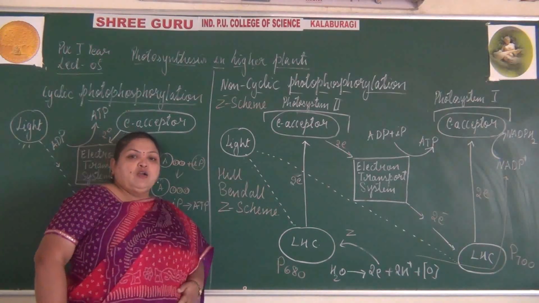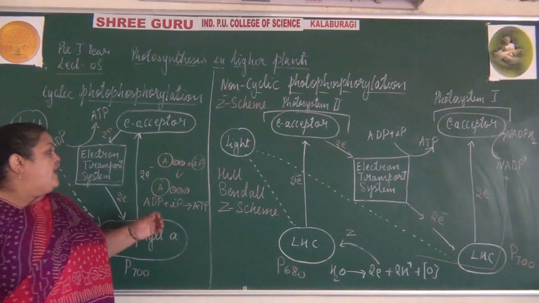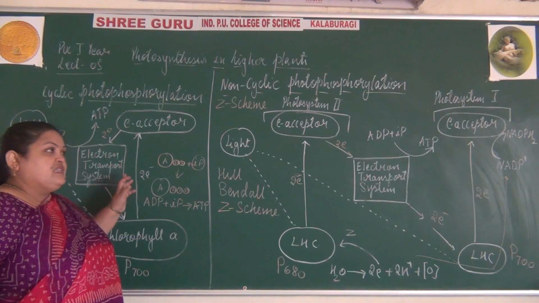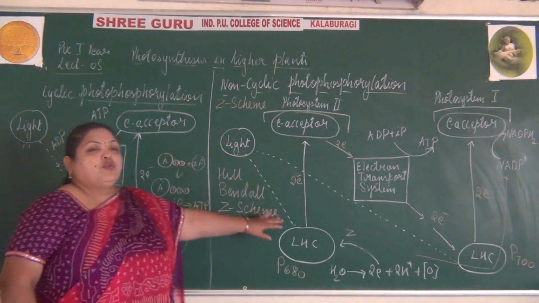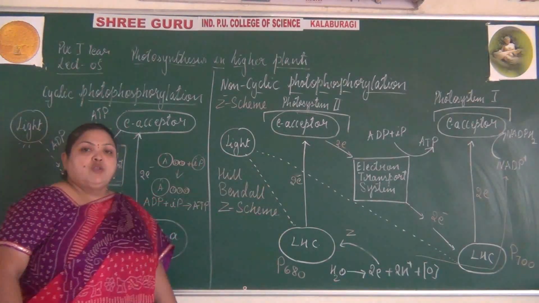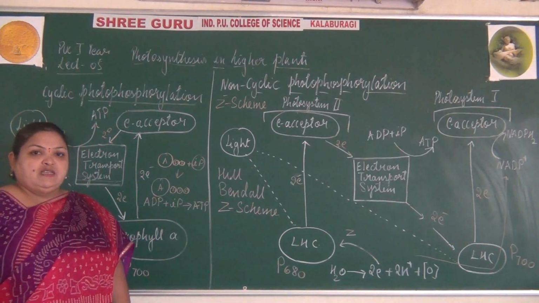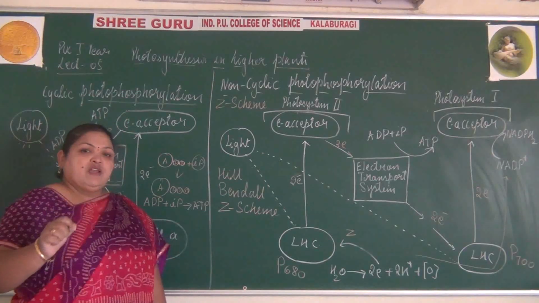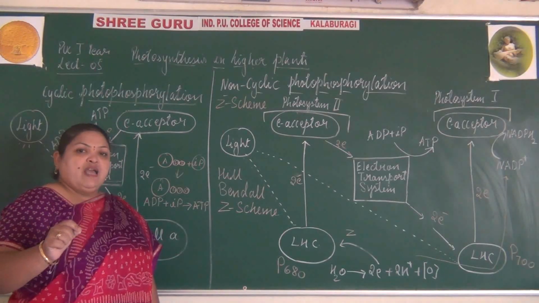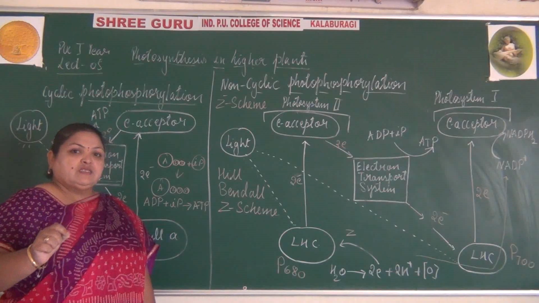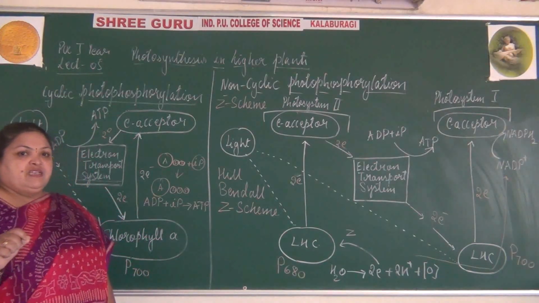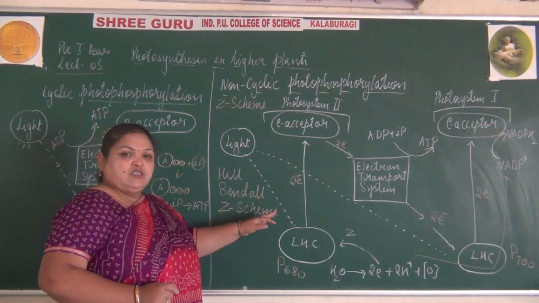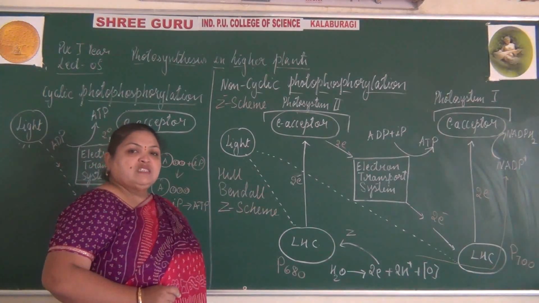Then as a 1 mark question, it can be asked why this process is called cyclic photophosphorylation, and why this process is known as non-cyclic photophosphorylation. Give reasons.